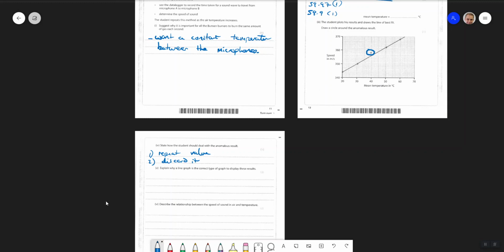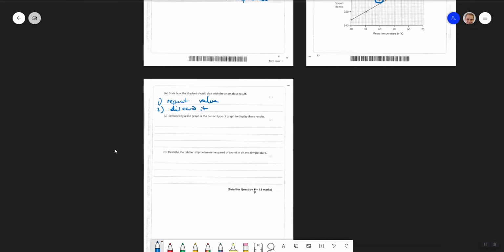Explain why a line graph is the correct type of graph. So you had a question like this. Basically, what we've got here is that both variables are continuous.